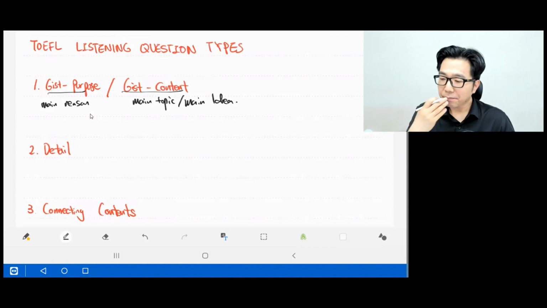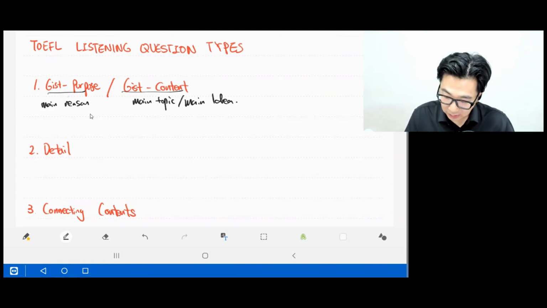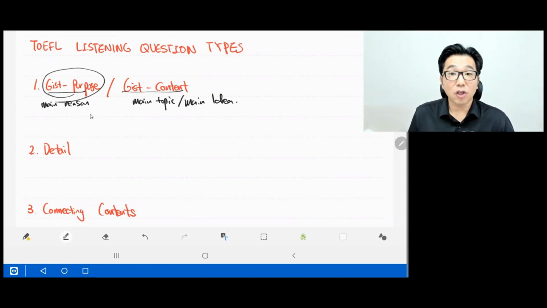For example, if it's a student with a professor, then the student might have some questions she wanted to ask. So the student visits the professor's office, or the professor might invite the student into his office because he wanted to offer the student a project opportunity, something like that. So that's the purpose of the talk.